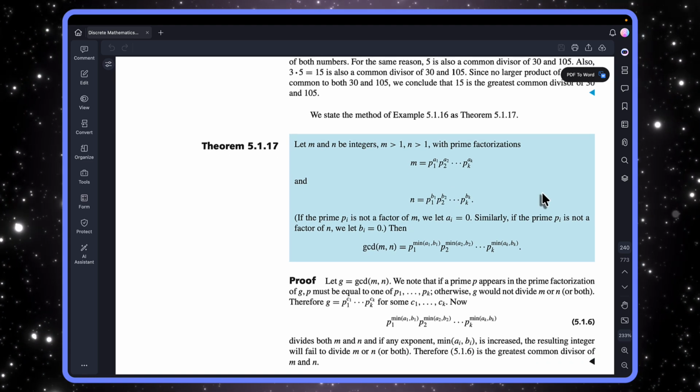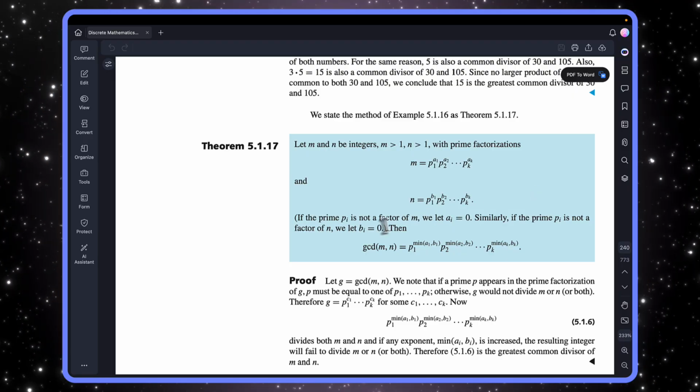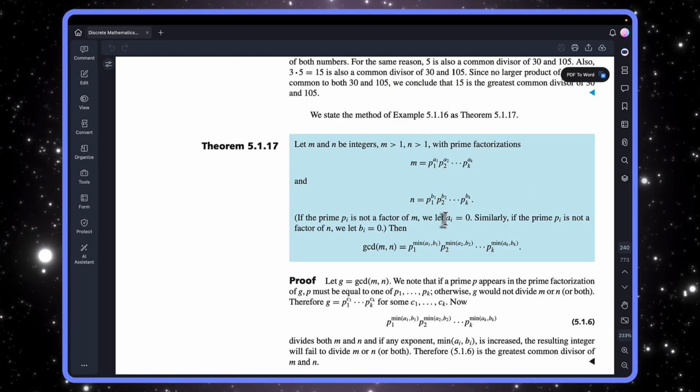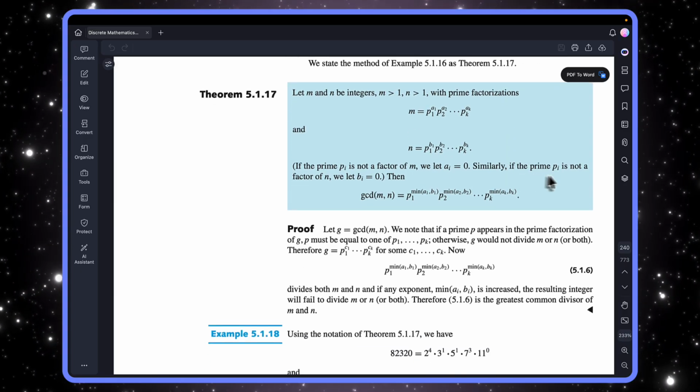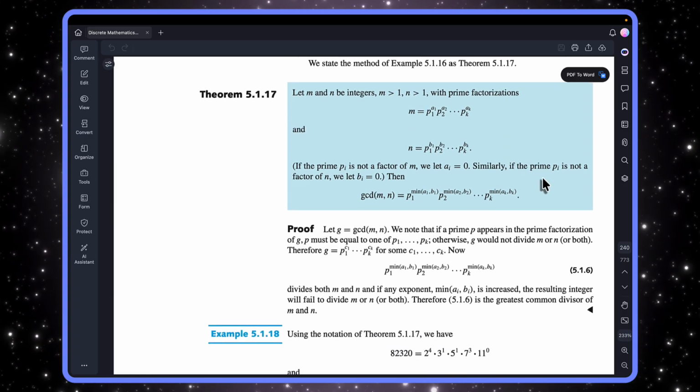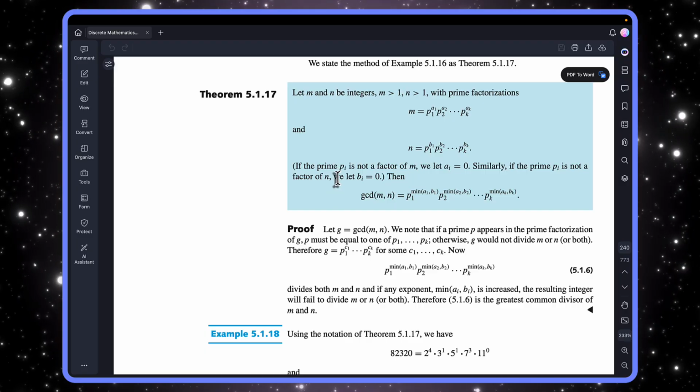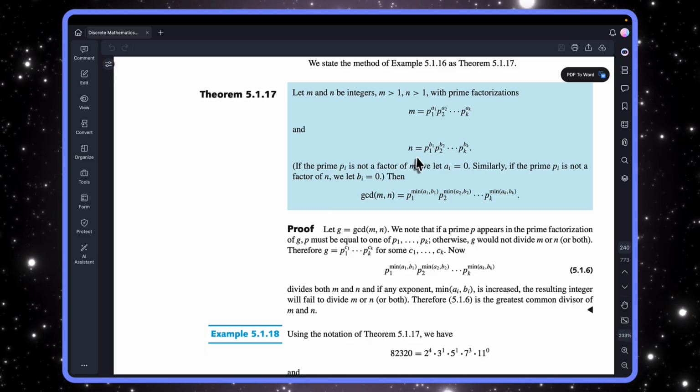If the prime p sub i is not a factor of m, we let a sub i equal 0. Similarly, if the prime p sub i is not a factor of n, we let b sub i equal 0.